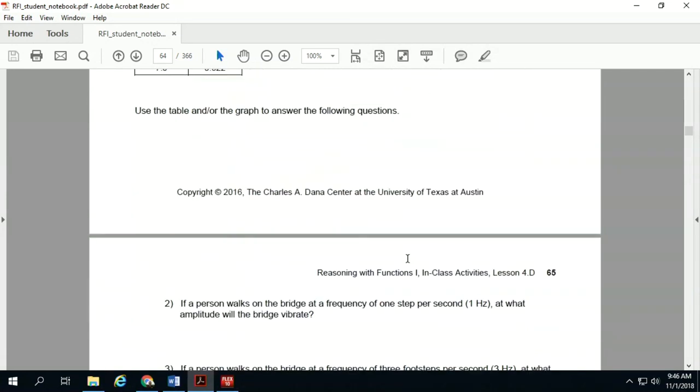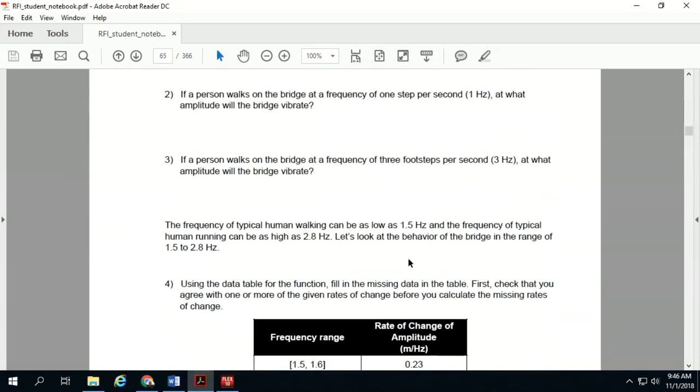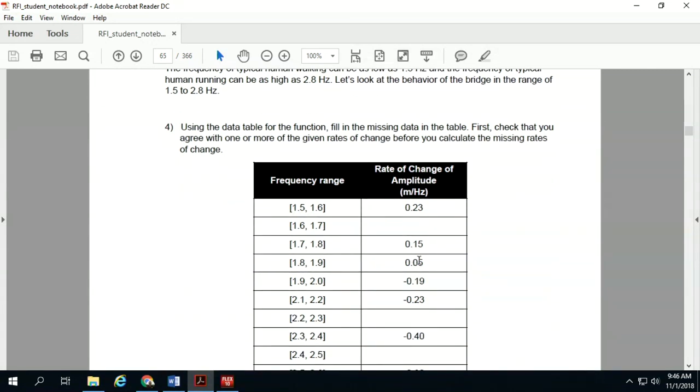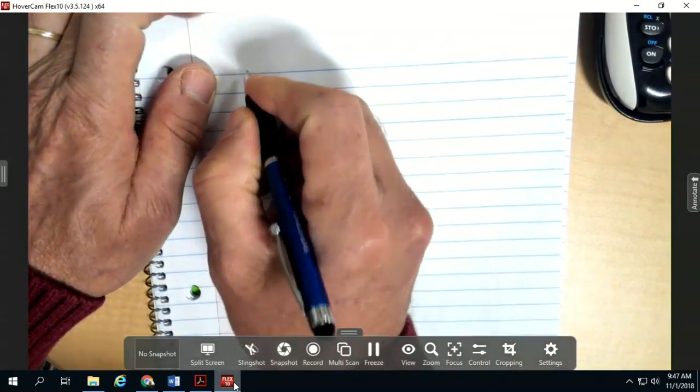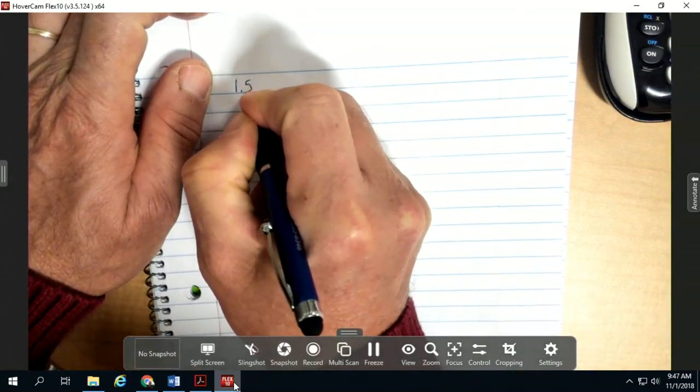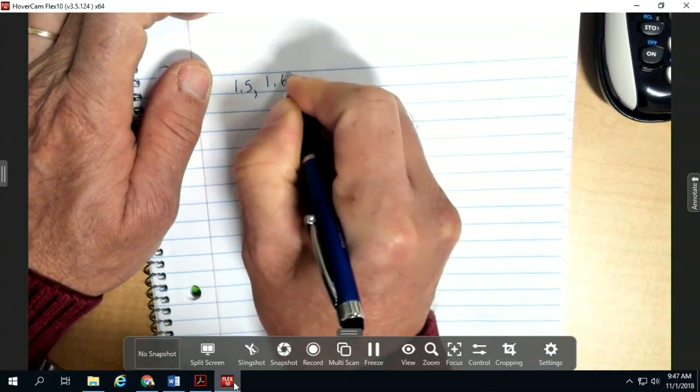Page 65, it says, let's fill in the missing data on the chart. Okay, so let's look at the first one there. So they say, well, let's start at the interval from 1.5 to 1.6.